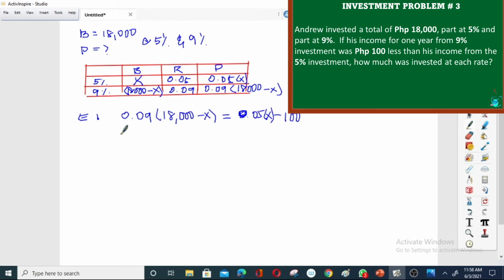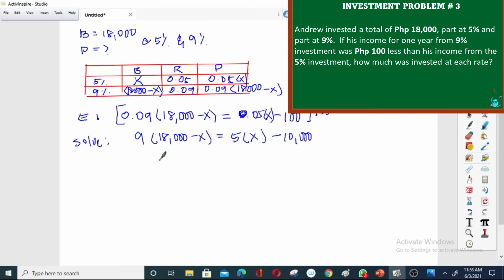Okay. So let us simplify. Again, multiply this by 100 to remove the decimal. So 100 multiplied by 0.09 is 9, times 18,000 minus x, is equal to 100 multiplied by 0.05, which becomes 5x, minus 100 times 100, which is 10,000.